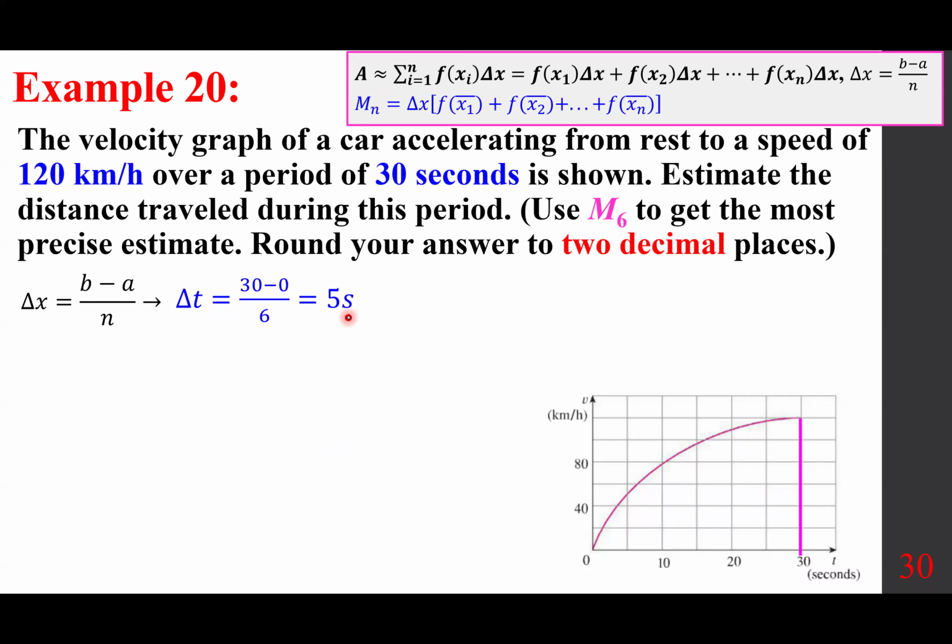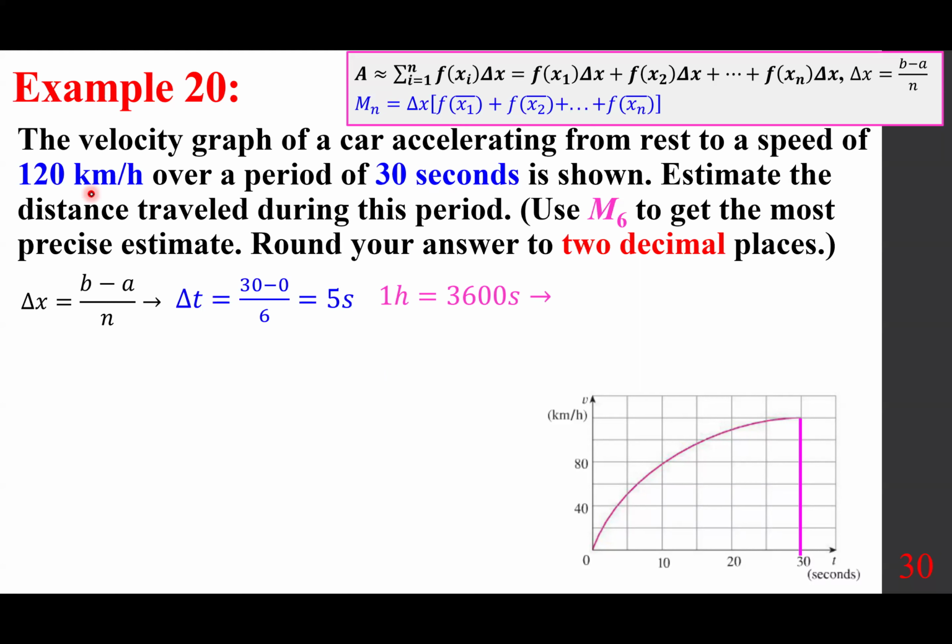Now, because we want to approximate this, and the units are kilometers per hour here versus seconds, you either have to go with hours here, remembering that 1 hour is 3,600 seconds, or you have to change this. One of them has to be done. You want to estimate the distance, remember that.